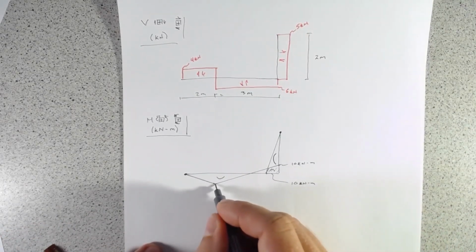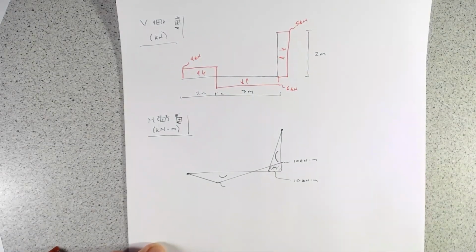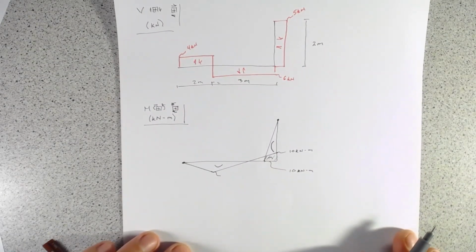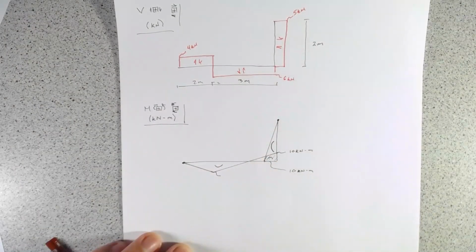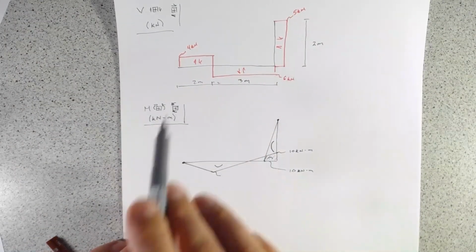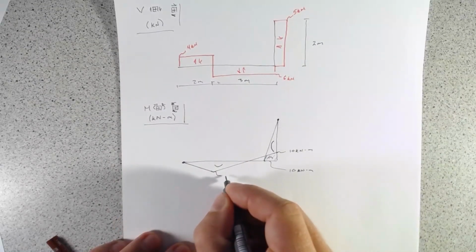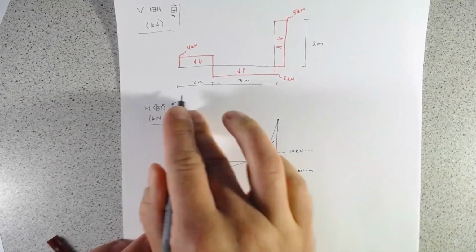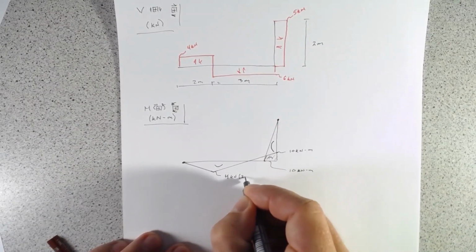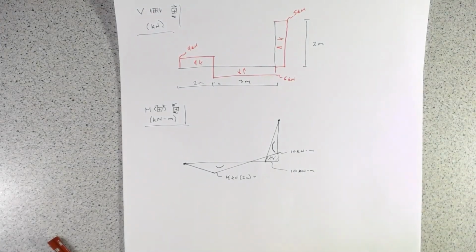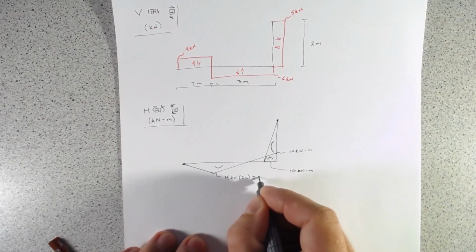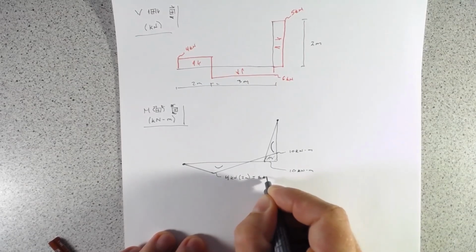So now the only thing we need to know is what is the value of the moment here. If you recall from the previous video, we can find the moment by just taking the area of the shear force diagram up to that point. So we would have 4 kilonewtons times 2 meters, and we end up with 8 kilonewton meters.